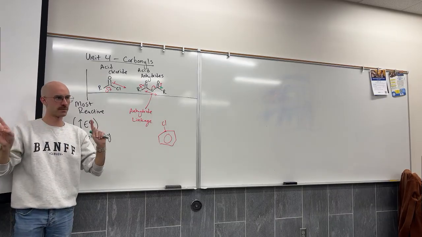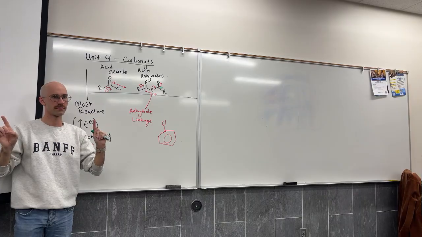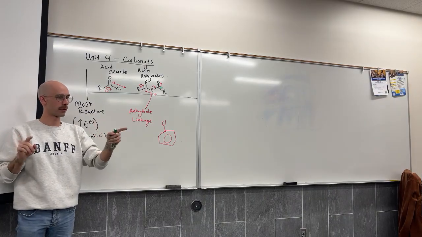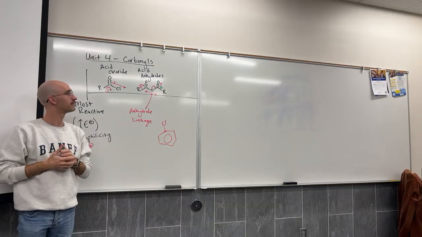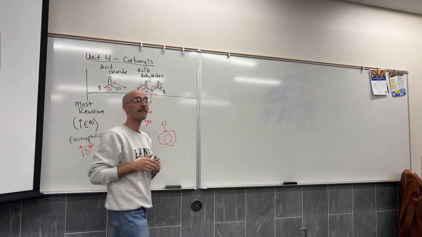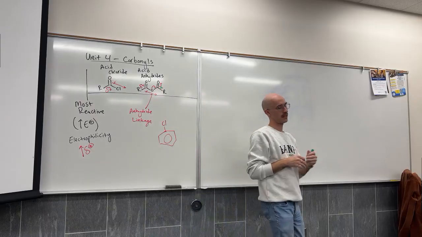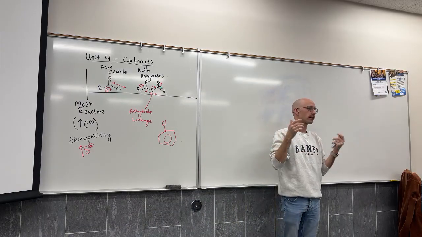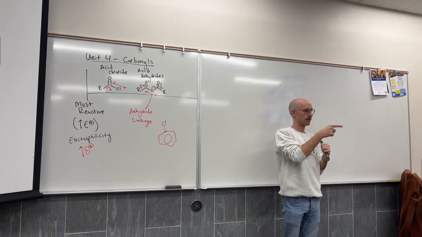Which side does it need to be, left or right? Indistinguishable. It's one or the other. It's not both. Cooper? Would the R have any effect on which side? If the R groups were different. Very potentially, yes. And we'll actually look at how in aldehydes and ketones, we can look at that a little bit more.